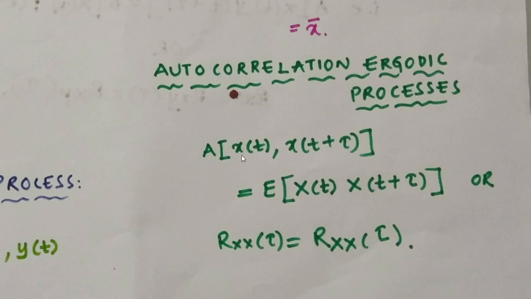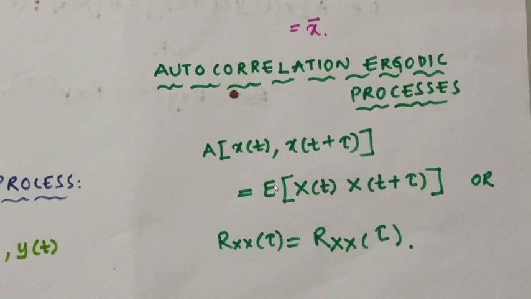Simple. This is one sample function, and this is another function, chosen from the x(t) only. Then the mean of the sample functions at all values is given by this, which must be equal to the statistical average of the complete random process X(t) and X(t plus tau). If you go with the cross correlation, here you have x(t) and here you have y(t).